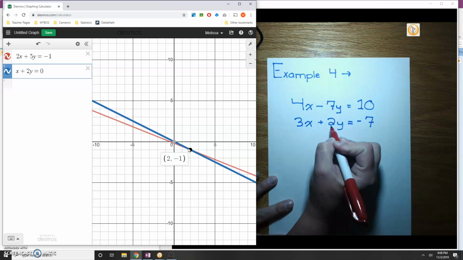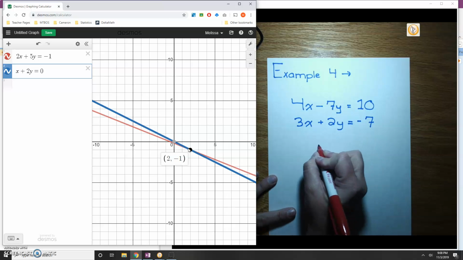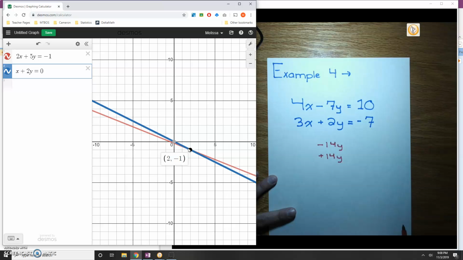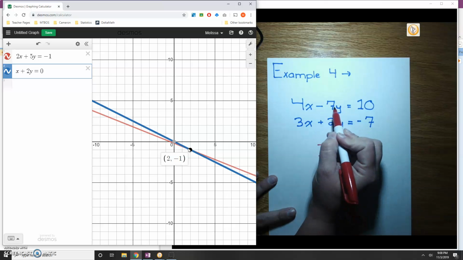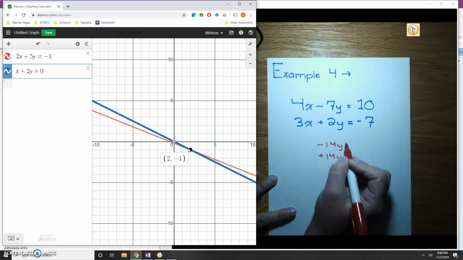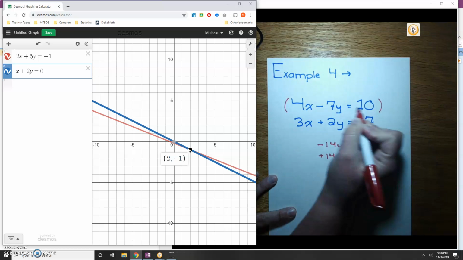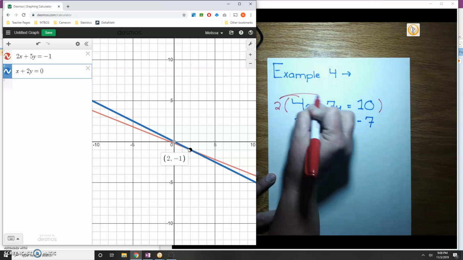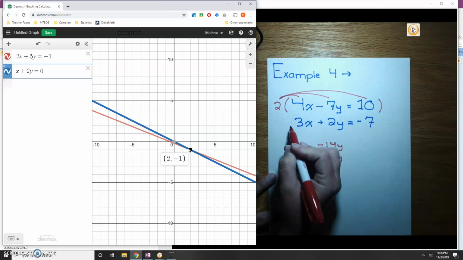Now, the least common multiple of those, well, this would certainly look nice if this were a negative 14y and a positive 14y. Now, how do I get to that point? Well, if I want this top one to go from negative 7y to negative 14y, well, this would be multiplying by 2.